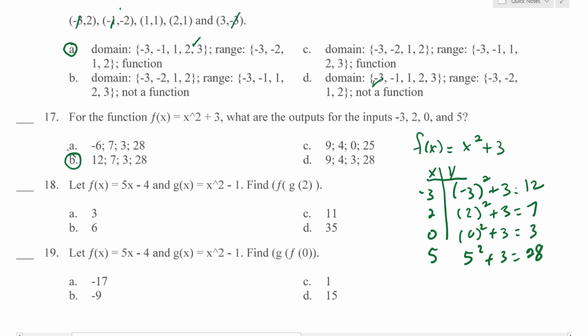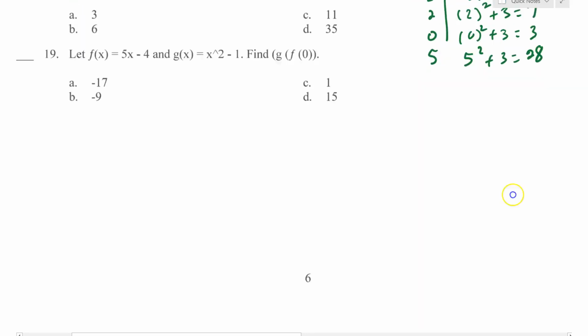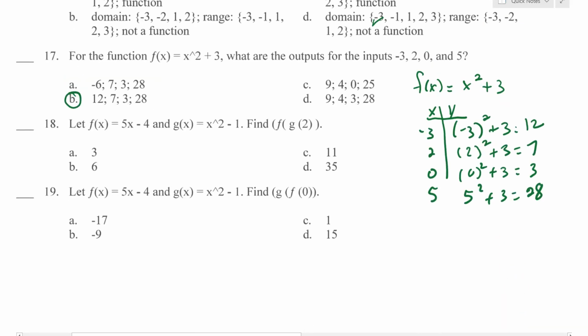17 is B. Okay. 19. Let's look at 19. We have find G, and then you have to find f of 0. So let's first find f of 0. In this case, f of 0 is going to be 5 times 0 minus 4. 5 times 0 is 0 minus 4.